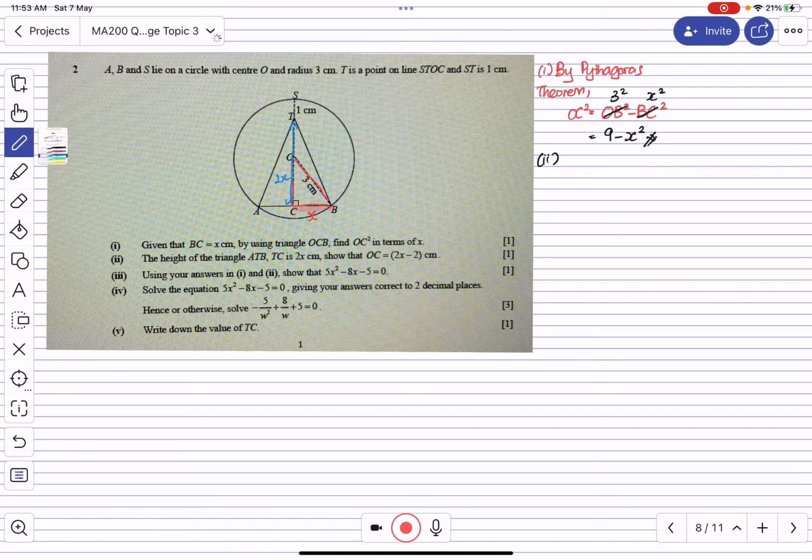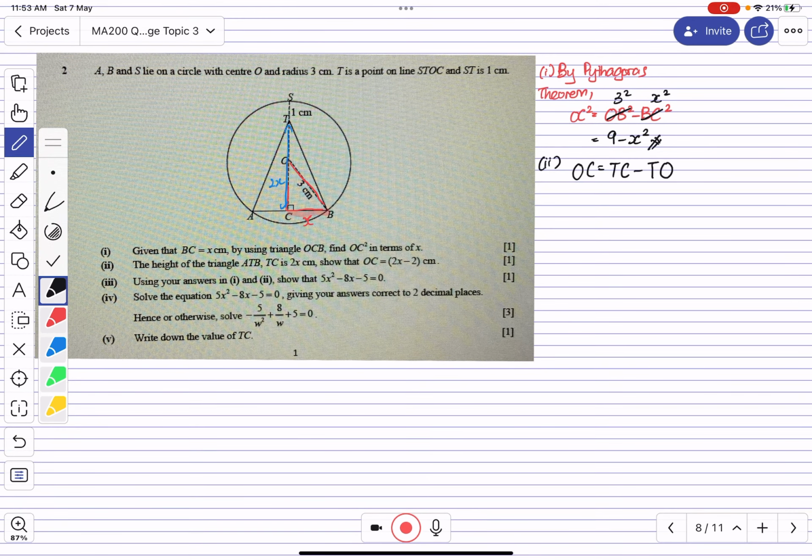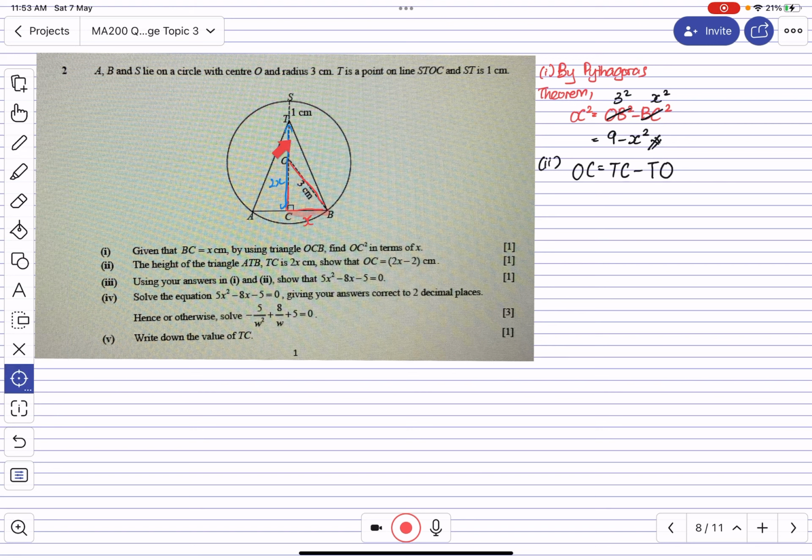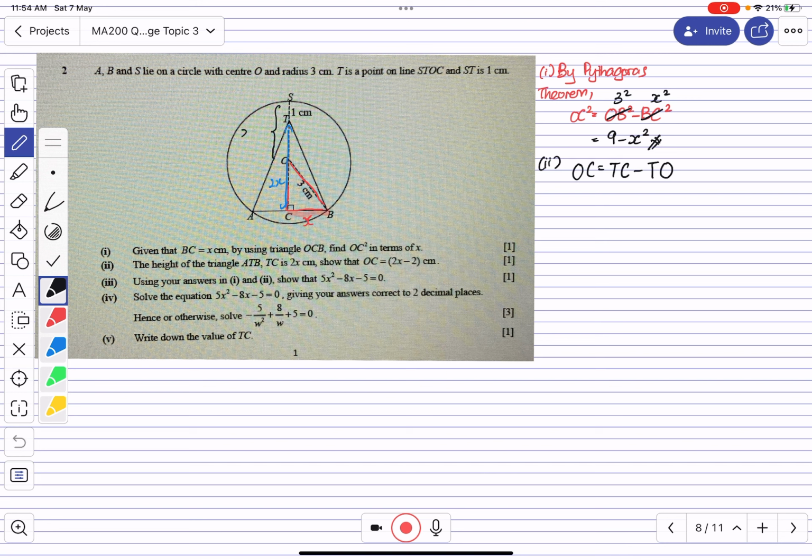If I want to find OC, I can consider that OC is the same as TC subtract TO. And how do we find TO? If you observe, SO is also the radius of the circle, which is 3 cm.